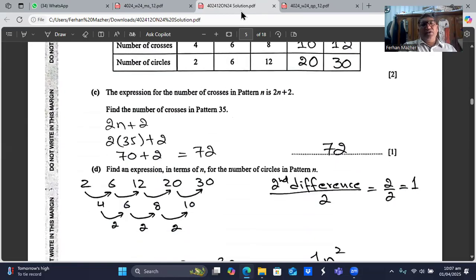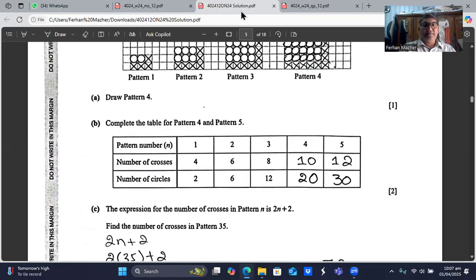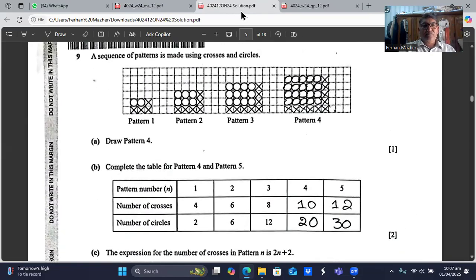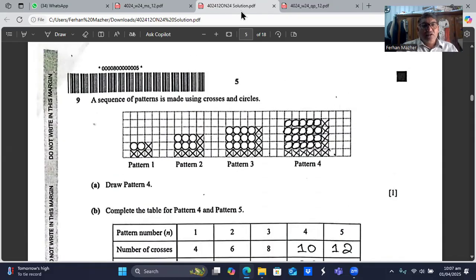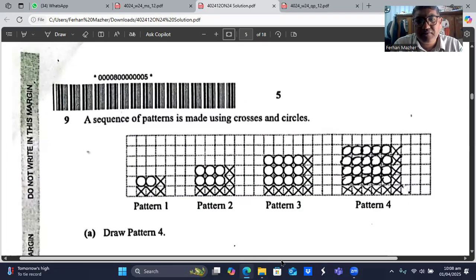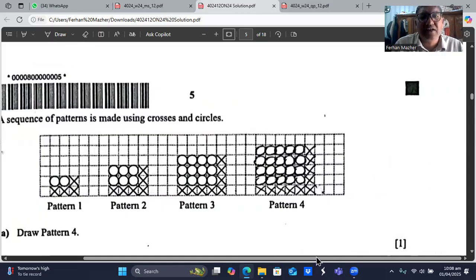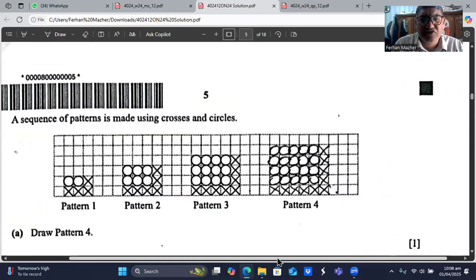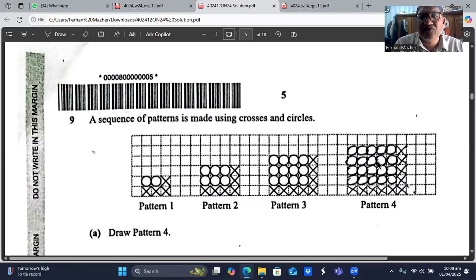So here we have again question number 9 coming up on your screen. So here we have in the sequence, in this pattern, you see, 1, 2, 3, 4, 5, 6.